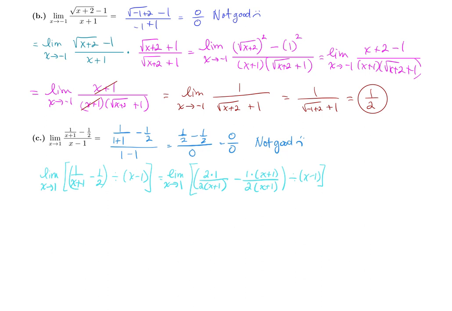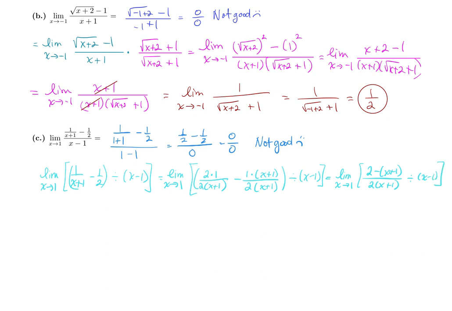And I'm writing out all the steps for you here. If you see them a lot faster, you can certainly write them out in a more succinct fashion, but I'm showing all of the steps for anyone who might need them. So if we look at it, the limit as x approaches 1, now we have 2 minus, in parentheses, x plus 1, because all those 1's can be implied, all over 2 times x plus 1. And we're going to divide it by x minus 1.